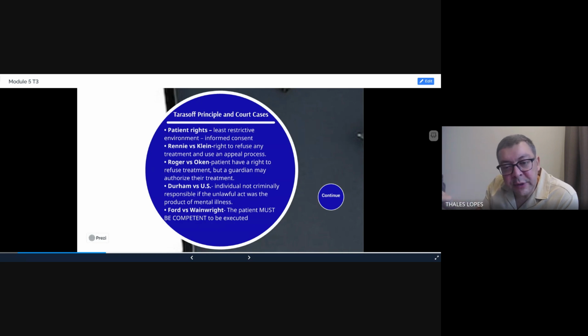But least restrictive environment, informed consent, and the Patient Privacy Act, but we'll keep that for a second. So least restrictive environment and informed consent are patient's rights. And I need you to know the specifics. Rennie versus Klein says the patient has the right to refuse treatment and use an appeal process.